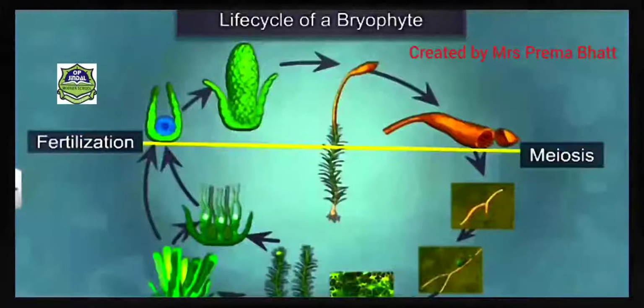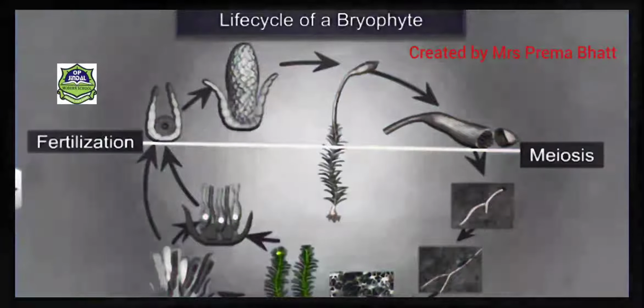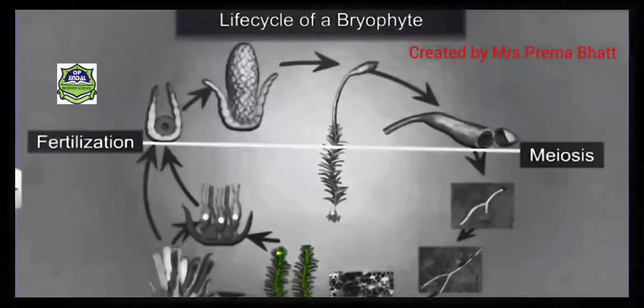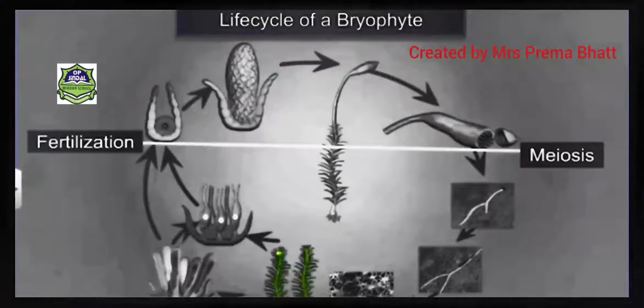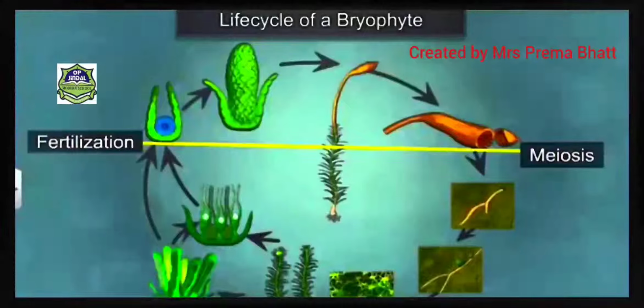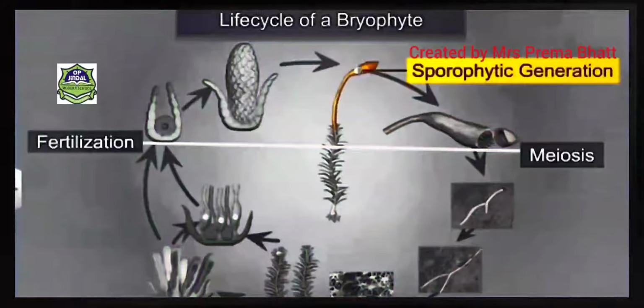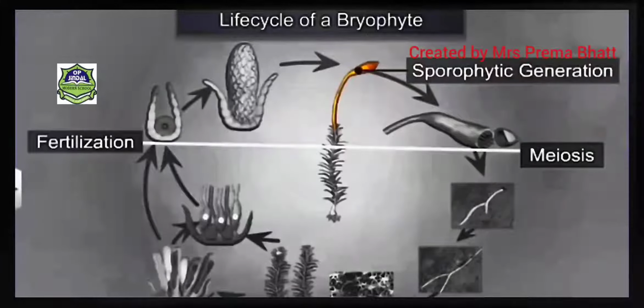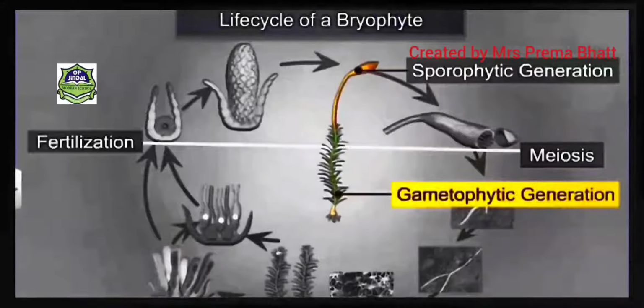In bryophytes, the main plant body is gametophytic, which is photosynthetic and dominant, whereas the sporophyte is dependent on the gametophyte for its food. So we can say it is a haplodiplontic life cycle with gametophytic dominance.